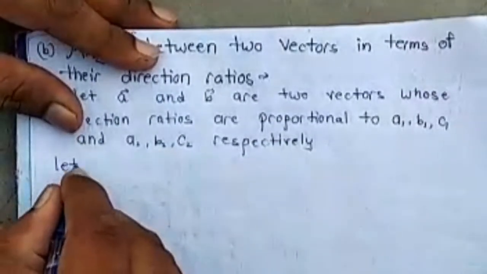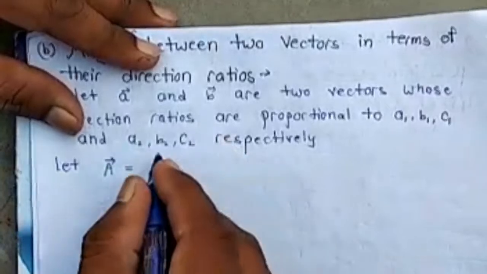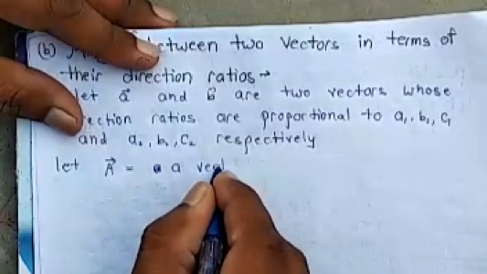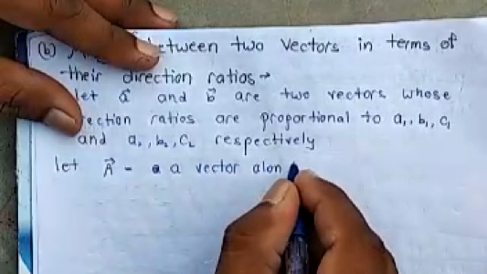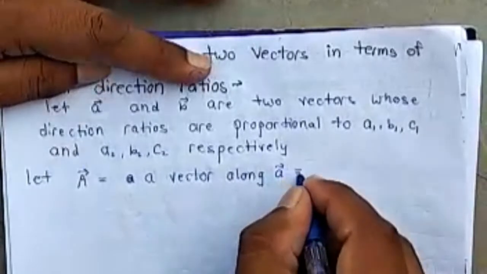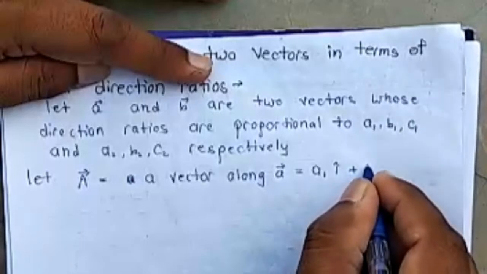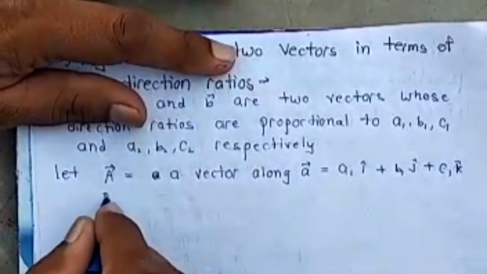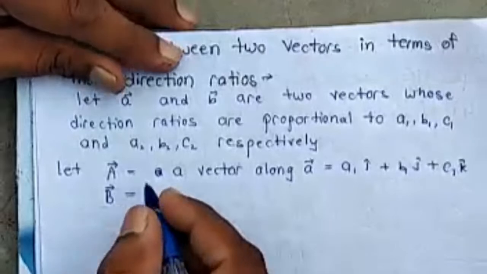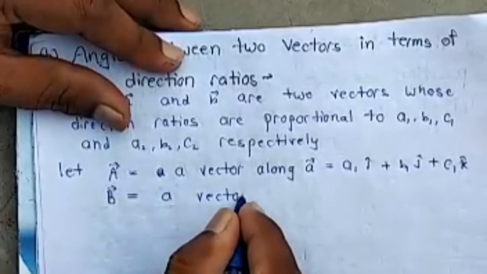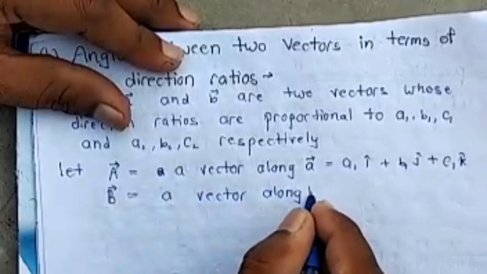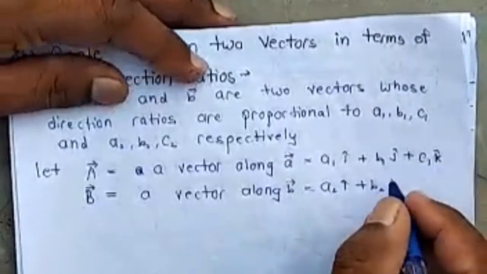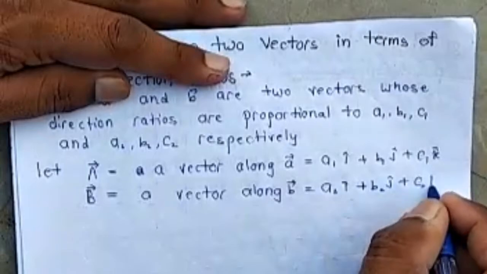Let capital A vector be a vector along A vector, meaning a vector along A vector is given by A1 i cap plus B1 j cap plus C1 k cap, and capital B vector is a vector along B vector, given by A2 i cap plus B2 j cap plus C2 k cap.